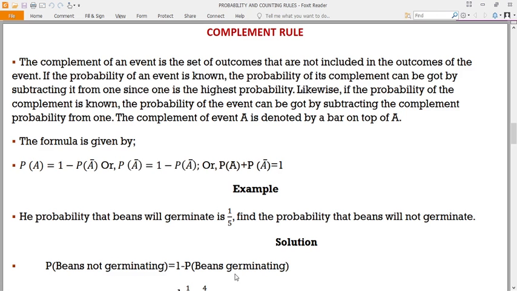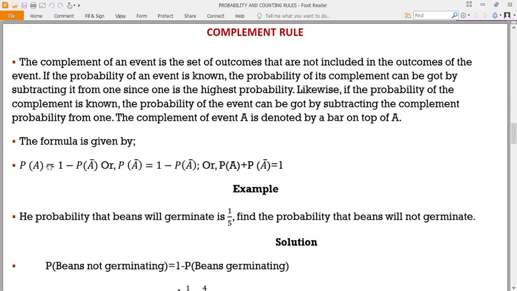So a complementary rule, from our P4 mathematics, a complement of a set: the complement of a set are those outcomes that are not included in the set. For example, if I want to get the probability of A complement, remember that total probability is always 1.